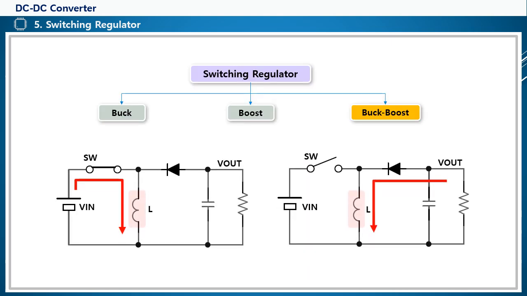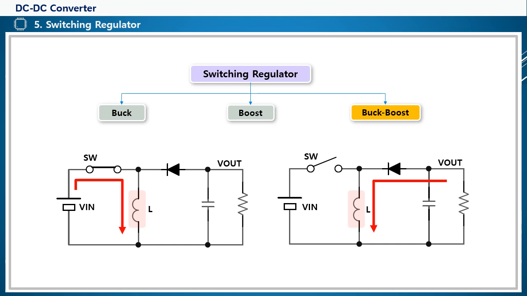If we look at the operation of the buck-boost inverting converter, when the switch is on, energy is stored in the inductor, and when the switch is off, the energy stored in the inductor is discharged, causing the output current to flow in reverse, resulting in a negative voltage at the output.